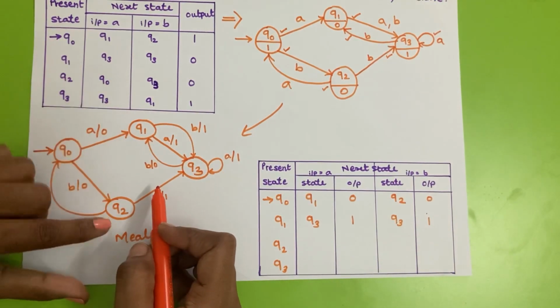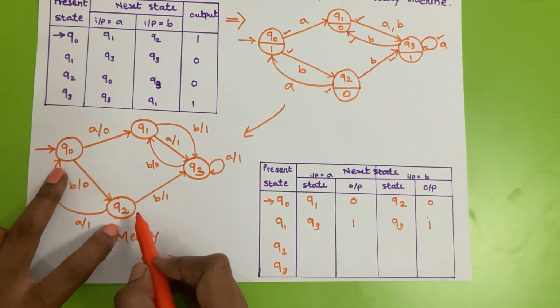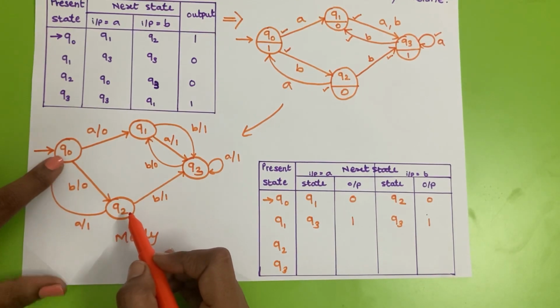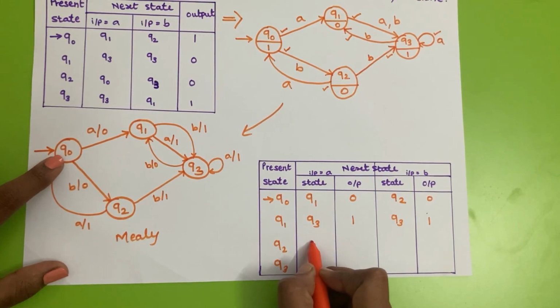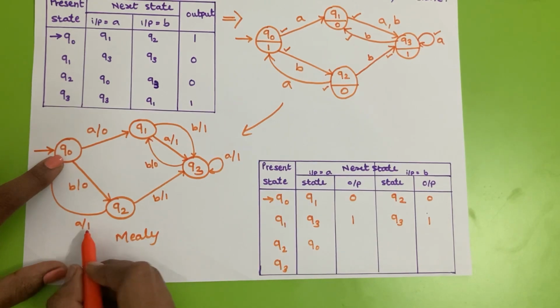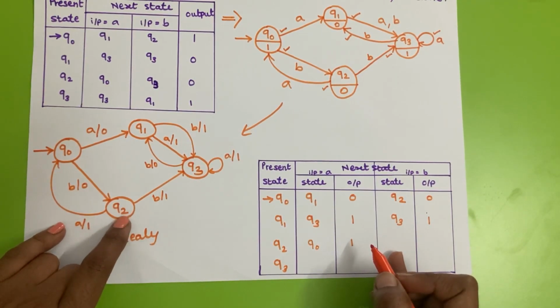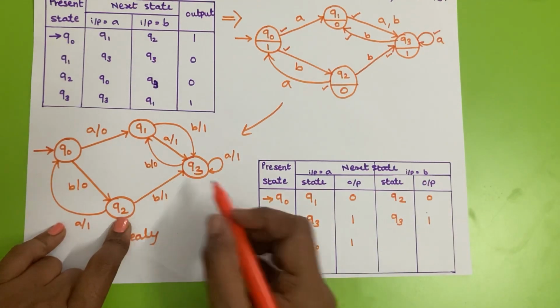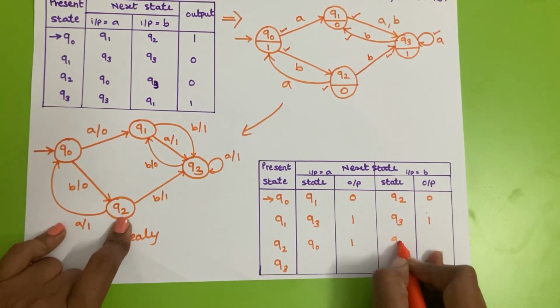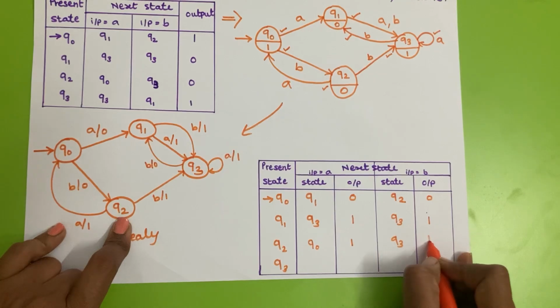Now next, Q2 on A going to state Q0 and this A will get replaced by 1, and for Q2 on B it is going to state Q3 and B will get replaced by 1.